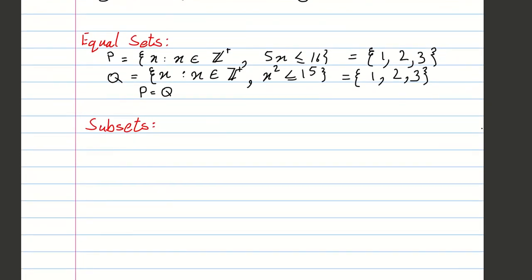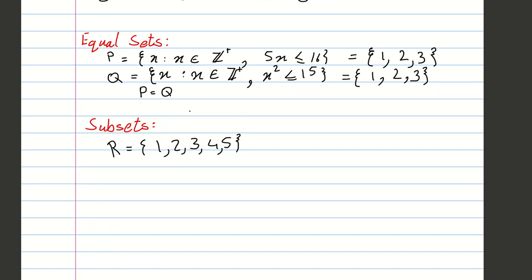Now let's do subsets. Let's suppose we have a set R. R is equal to 1, 2, 3, 4, and 5. And the other set, maybe on top here, we can use P. P or Q. Let's do P. So P has the values 1, 2, and 3.